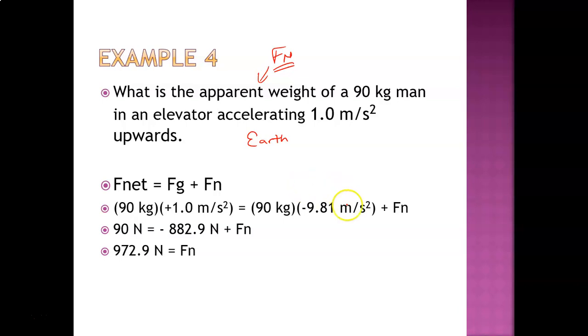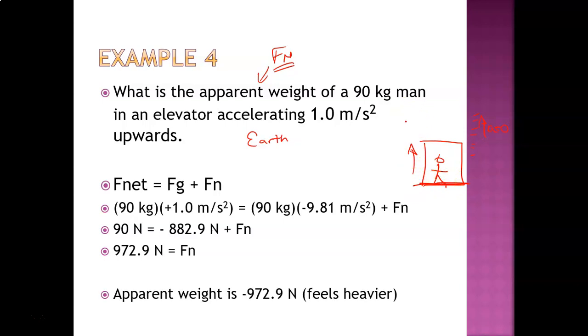So typically in an elevator, you get on and it has to accelerate up to start moving, and you get that little jolt, and then once it's picked up speed, it's now moving at a constant velocity and will slow down. So you'll feel heavier just at that moment where it speeds upwards.